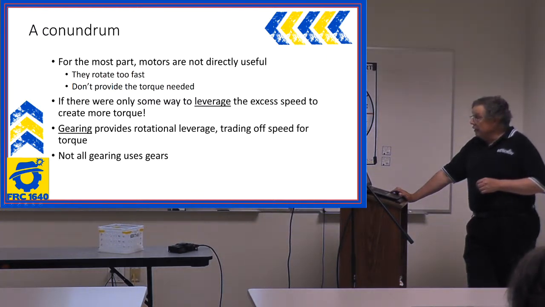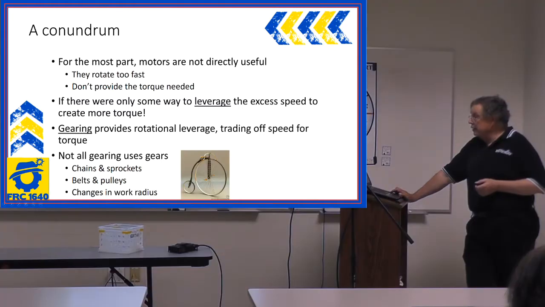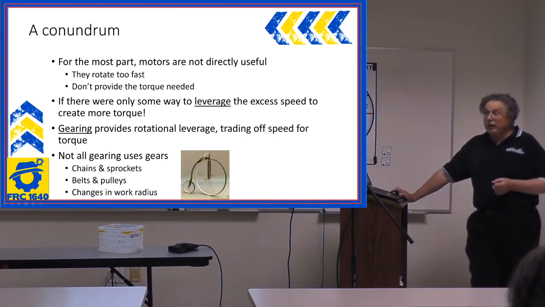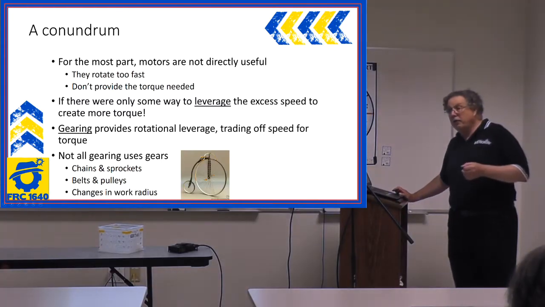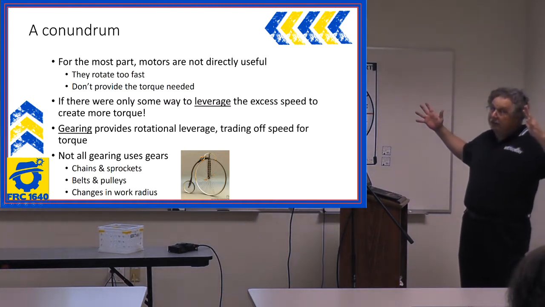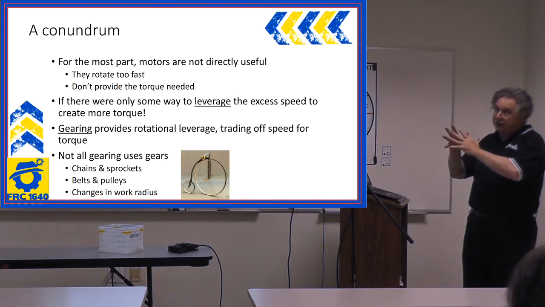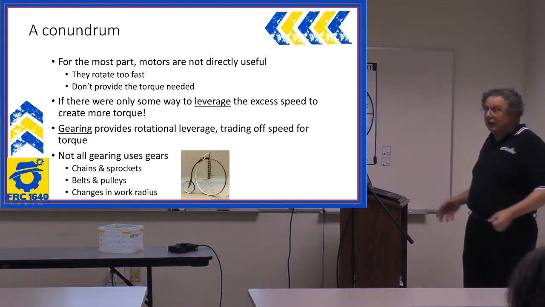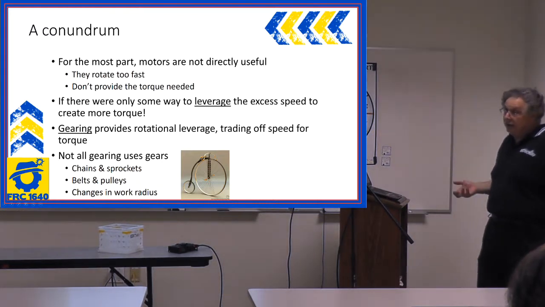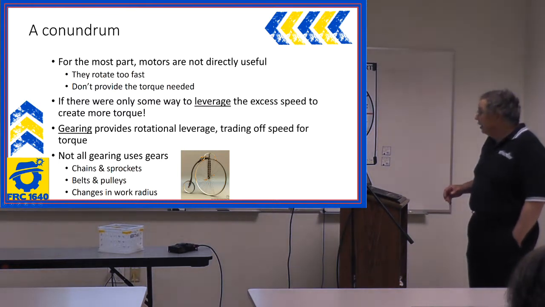And the trick here is not all gearing uses gears. You can use chains and sprockets, belts and pulleys. You can also change your work radius. So if I change the work radius of that lift to almost 0, I might solve the torque problem. But it's not a really good solution.